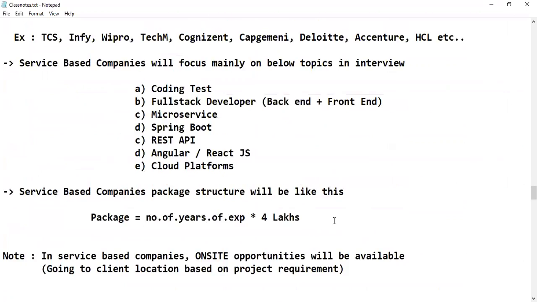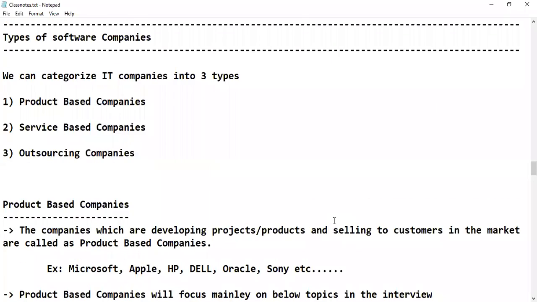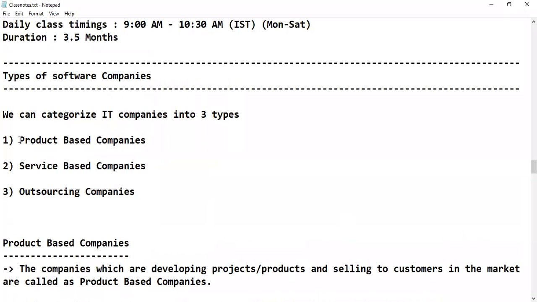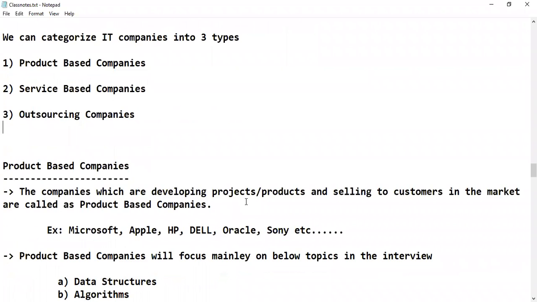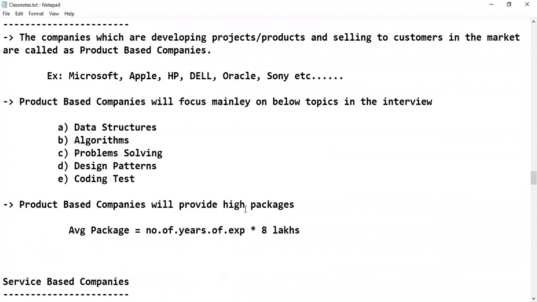So like this, there are 3 types of companies available: product-based companies, service-based companies, and outsourcing companies. Product-based companies develop projects and sell them to customers in the market.